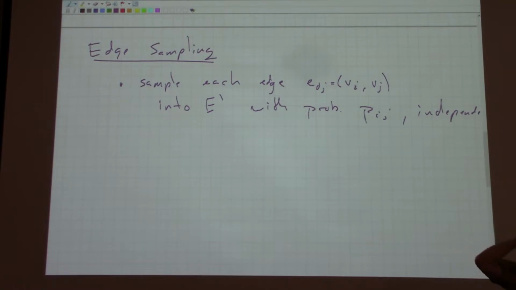There are certain edges which are more important that you want to sample with higher probability. This is where you get to see how this interacts with the structure of the graph. The probability is going to be equal to the minimum of 1 and t over the degree.